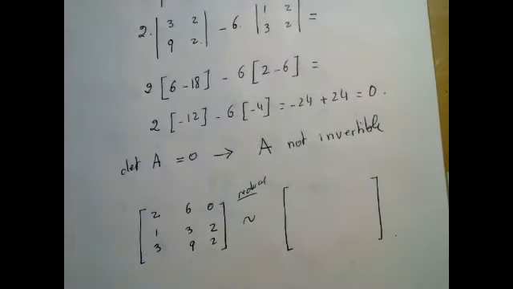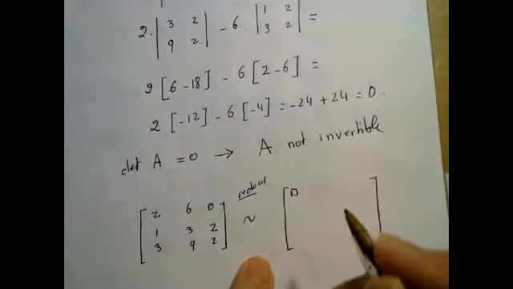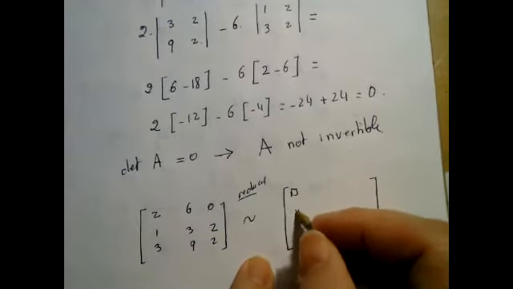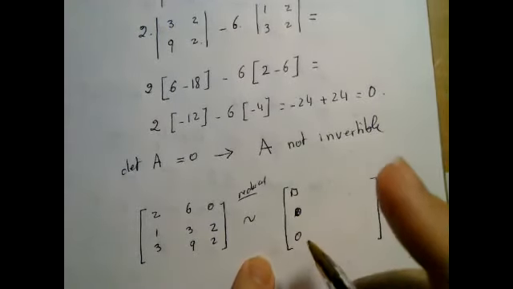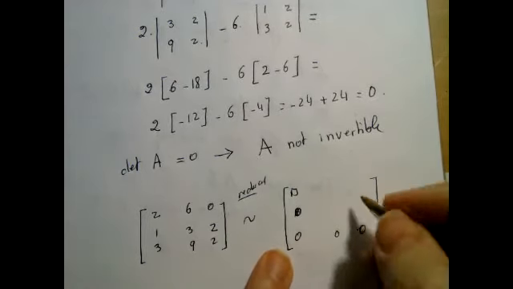I'm not going to reduce it, but what do you think will happen when I reduce it? It's definitely not the identity. We will not get the identity. So when I reduce it, I don't know exactly what it's going to be, but I am sure it's not going to be the identity. It means I'm going to have something like that.